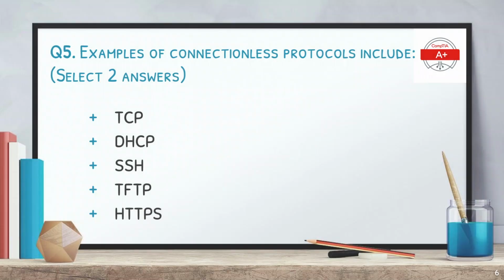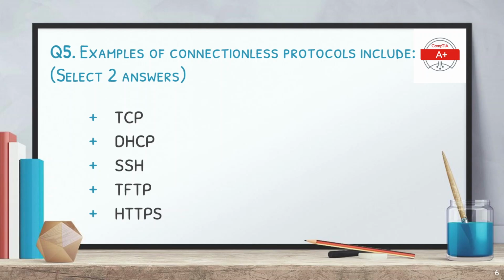The next question is: the examples of connectionless protocols include. We have to select two options. The options are TCP, DHCP, SSH, TFTP and HTTPS. If we look at the options, we cannot select TCP because it is a connection-oriented protocol. DHCP may be.